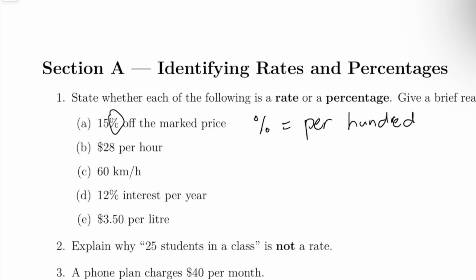Okay, so B, $28 per hour. So that is a rate since you're comparing two quantities, which is money earned and time. Rate equals comparing money with time.